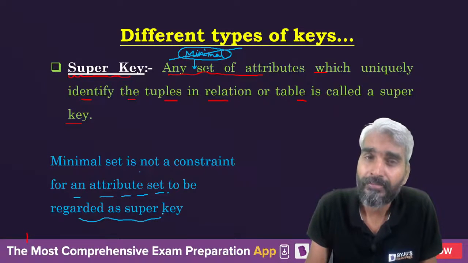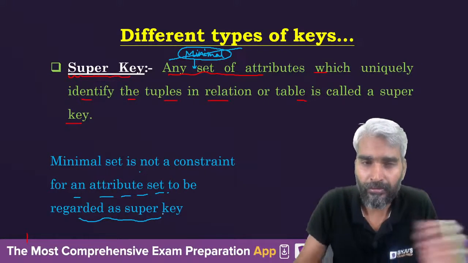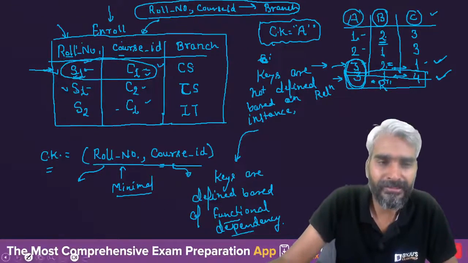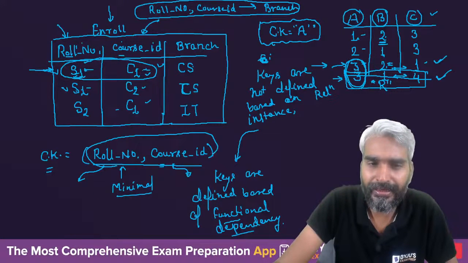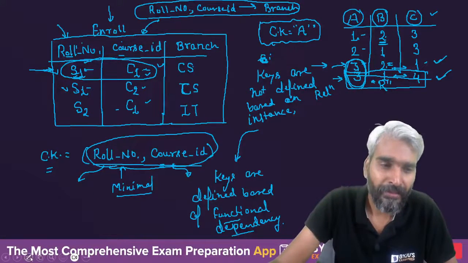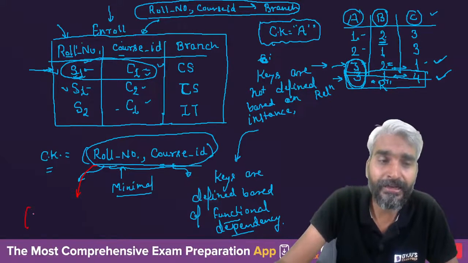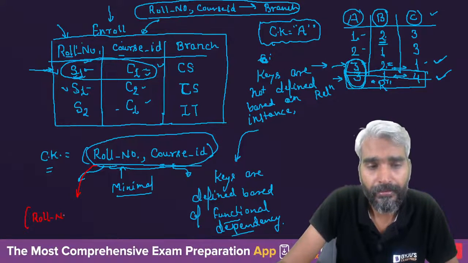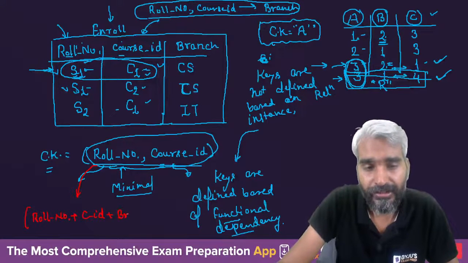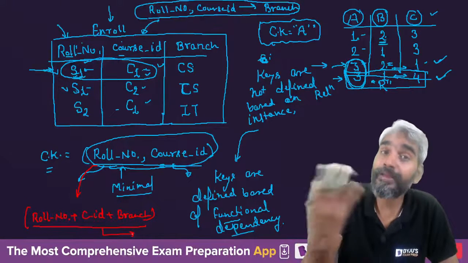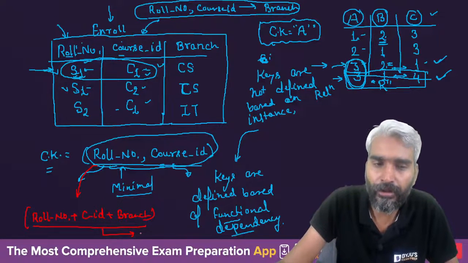So minimal set is not a constraint for an attribute set to be regarded as a super key. So let's try to understand. Look at this. Is roll number and course ID together a candidate key? Yes, it is a candidate key. But if I take three attributes together, that is roll number plus course ID plus branch name, then the combination of these three will also be unique.